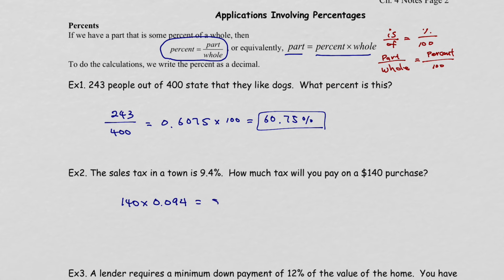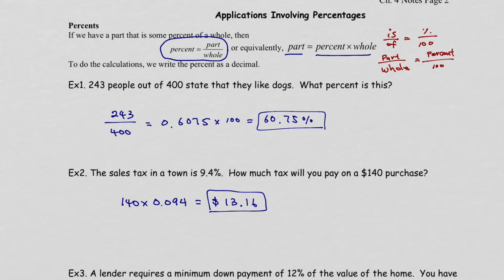And that will give you $13.16. So if you wanted to figure out how much total that person will pay when they're purchasing a $140 item with 9.4% tax, you just need to add them up. But what they're asking is just how much is going to be taxed, so you don't need to do that addition here.